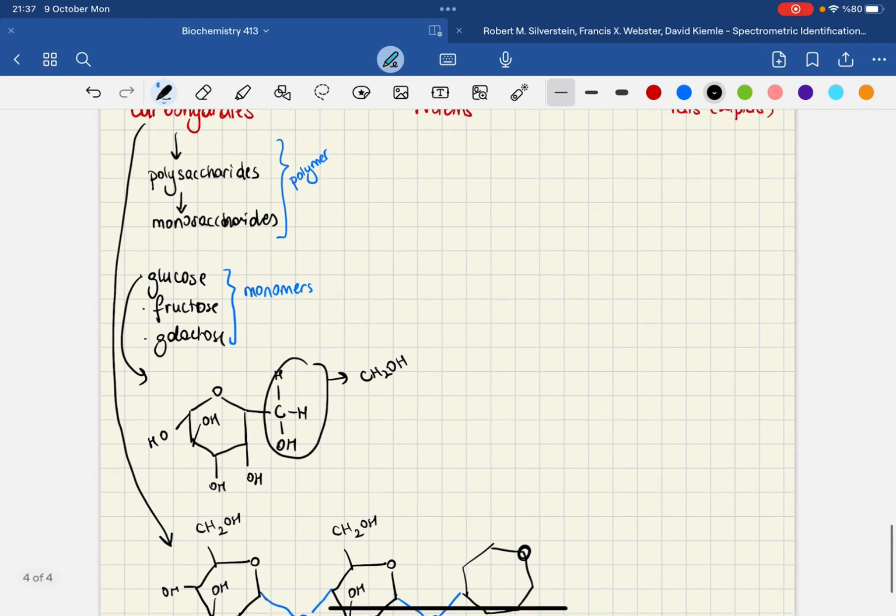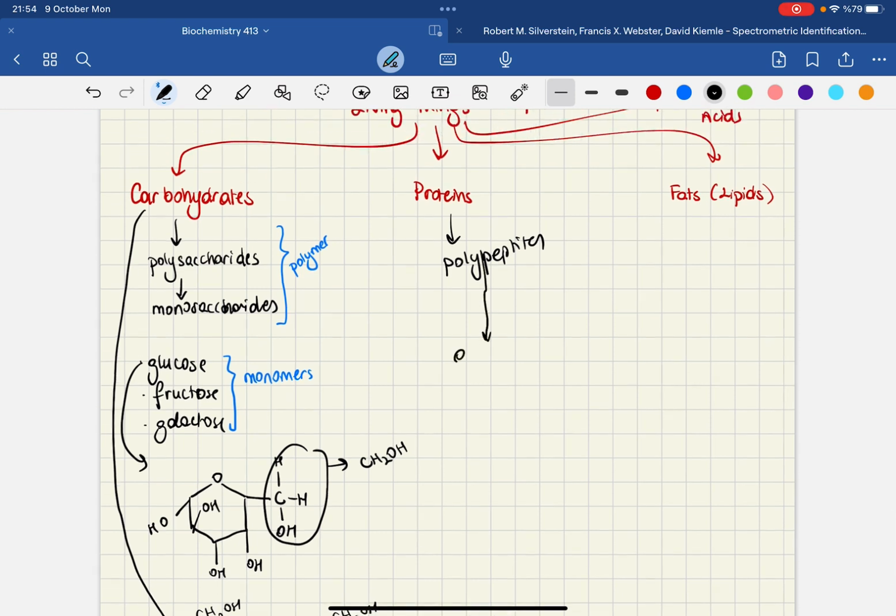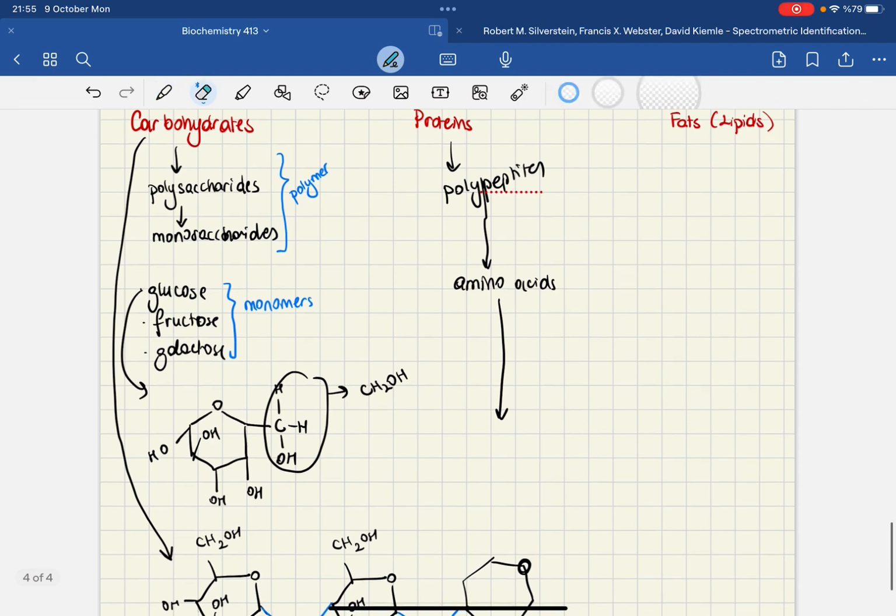Alright, and now let's move on to proteins. Proteins are made up of polypeptides, and polypeptides are made of amino acids. The structure of an amino acid can be shown like this.